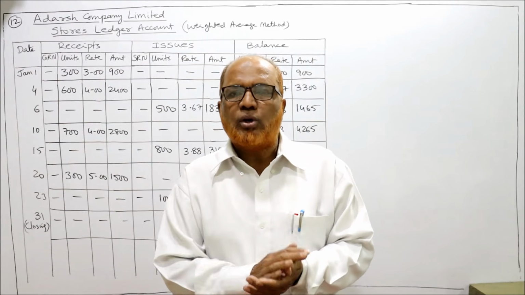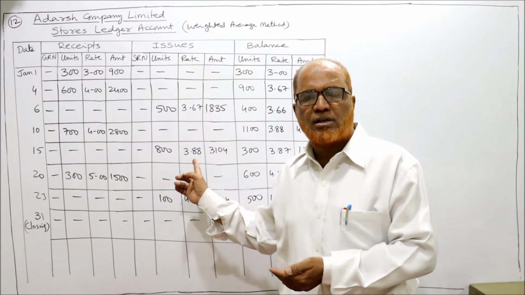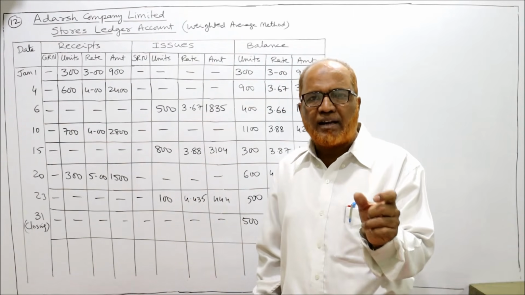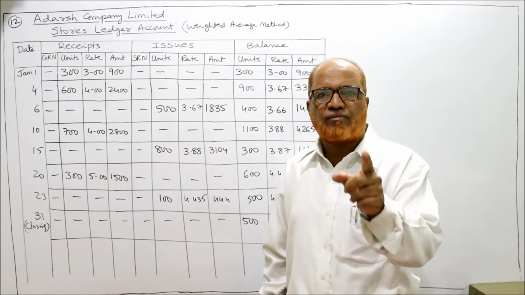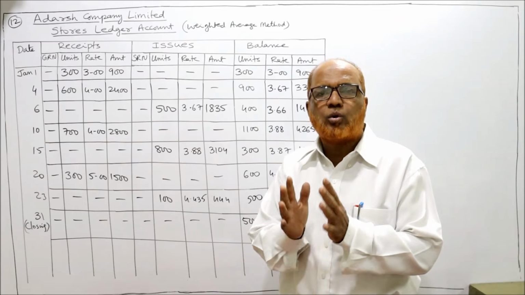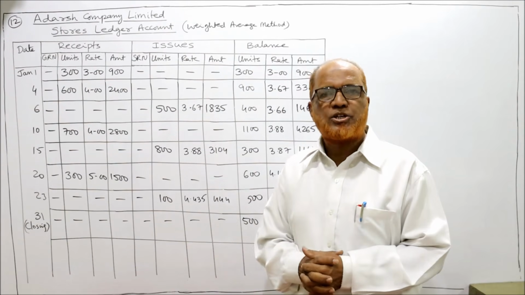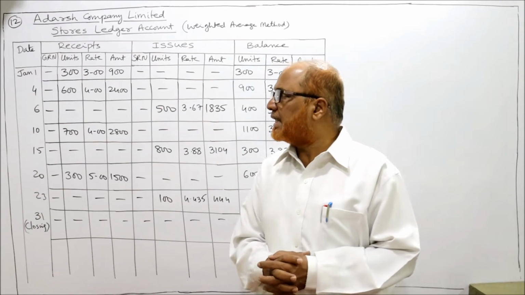When we issue, subtract the quantity and subtract the amount. If you have not understood, rewind the video and watch it again. Definitely from the first video itself you will be able to get the idea how to make the store's ledger account. So this is the completion of this lecture.